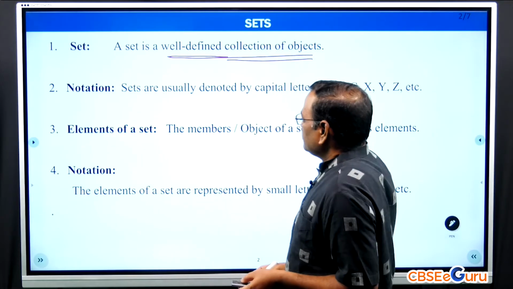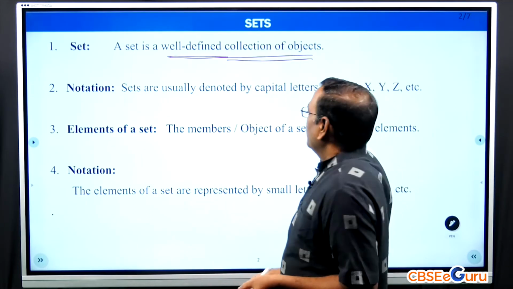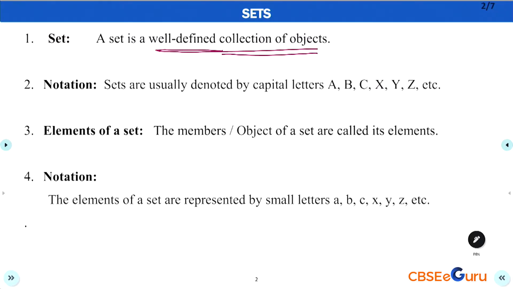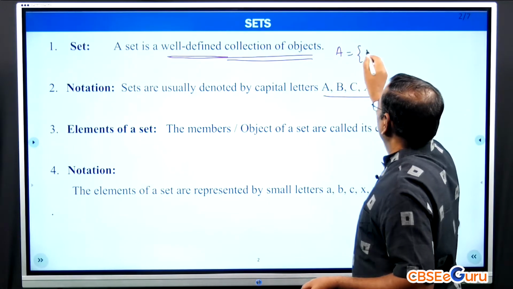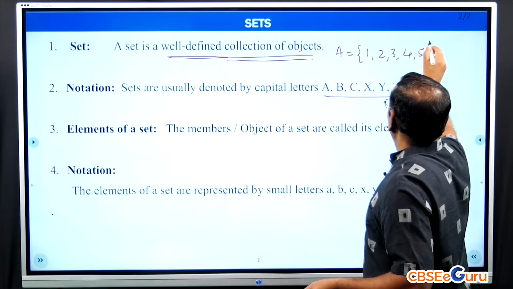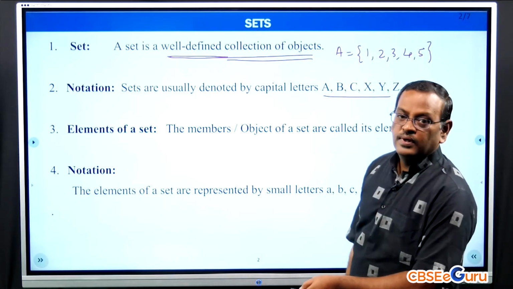Okay, and notation of sets. For example, sets are usually denoted by capital letters A, B, C, X, Y, Z. For example, the set of natural numbers less than 5: 1, 2, 3, 4. This is an example.